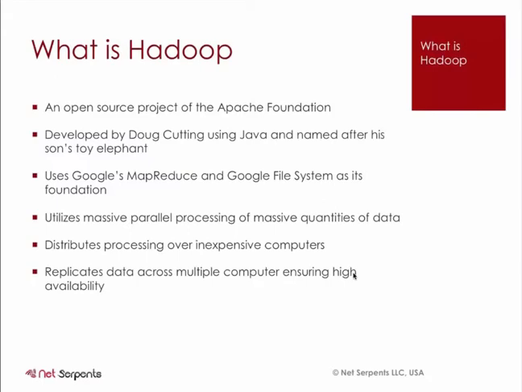He bought a yellow-colored toy elephant, and he asked his son, "What do you want to call the elephant?" And the son said, "Hadoop." Kids don't have any preconceived notions about anything, so it sounded pretty creative to him. There's nothing called Hadoop otherwise.